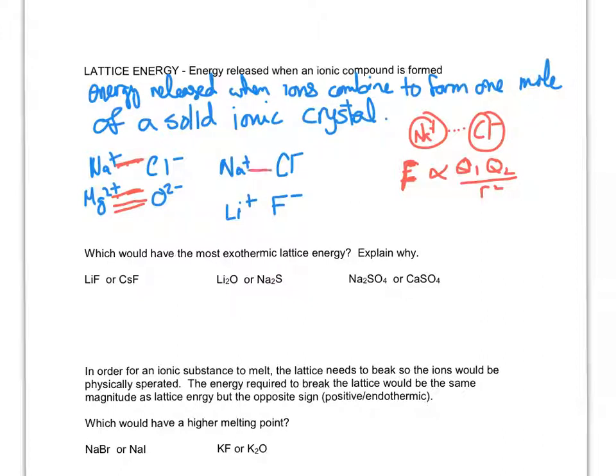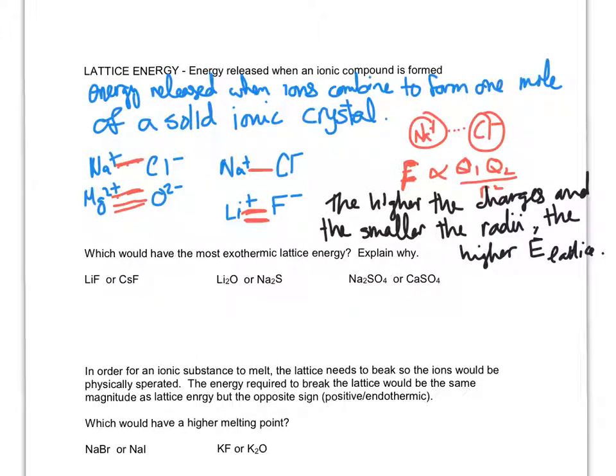There's obviously an attraction between the Na plus and the Cl minus, and then the Li plus and the F minus, but there would be stronger attraction in the lithium fluoride because lithium ion and F minus ions are both smaller than Na plus ions and Cl minus ions. So the smaller your radius and the higher your charges, those would mean higher attraction and therefore more energy released, or higher lattice energy. So again, the higher the charges and the smaller the radii, the higher the lattice energy.